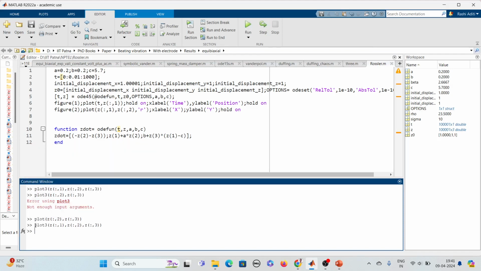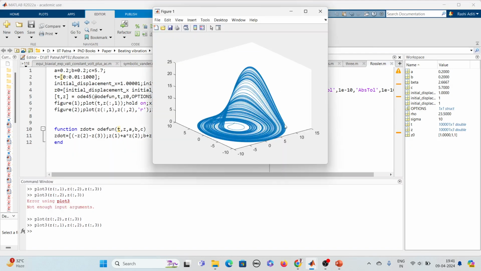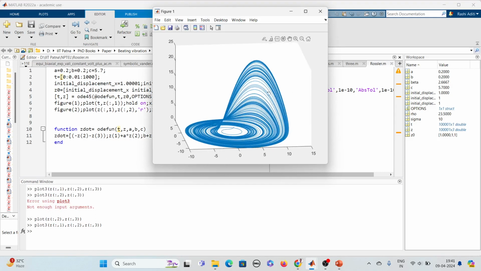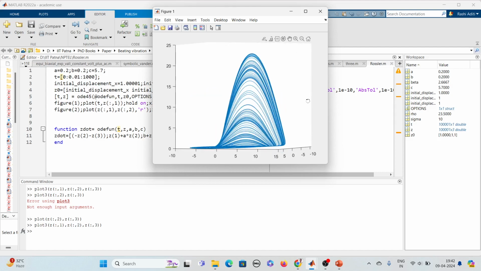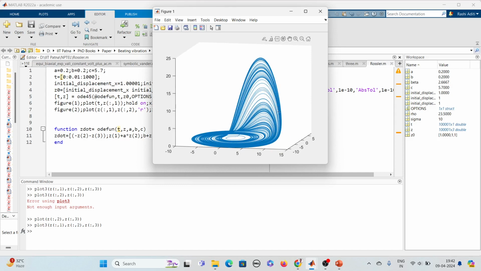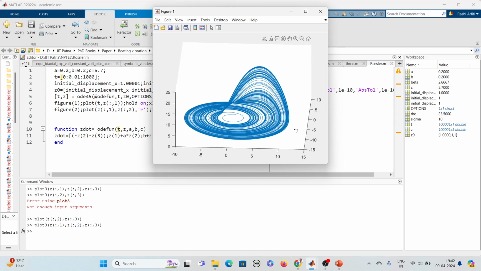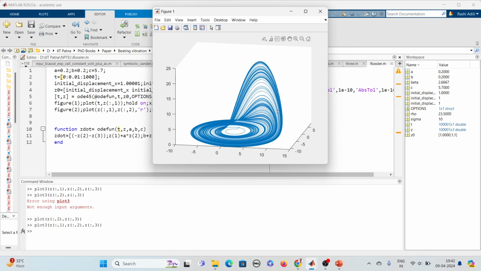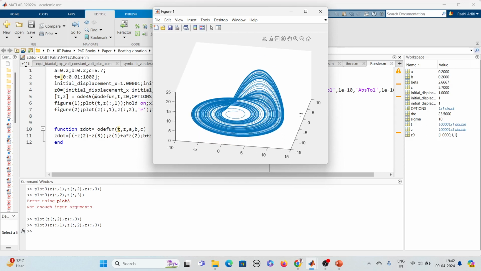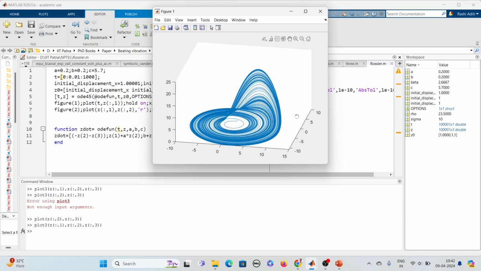Now you have your x, your y, and then your z. Can you see what this is? This is a very interesting figure, isn't it? This shows how the variation is actually happening in the three-dimensional view. This shows my chaotic attractor, isn't it?